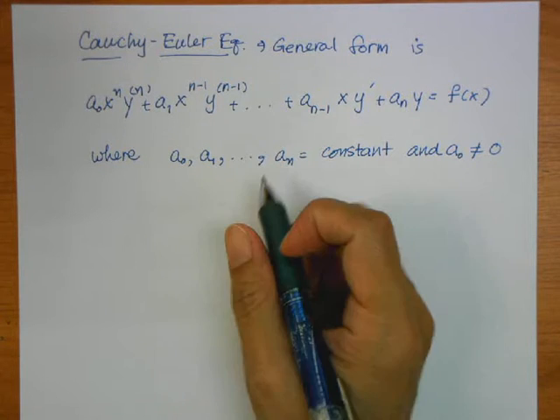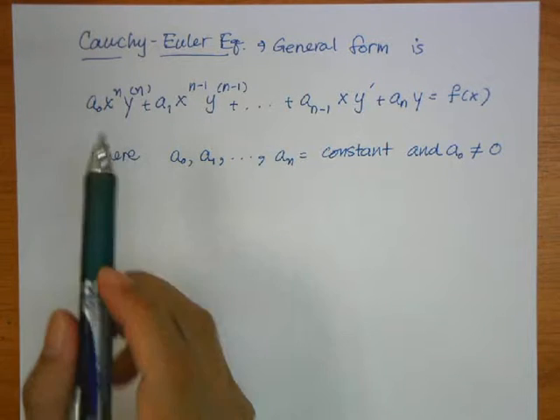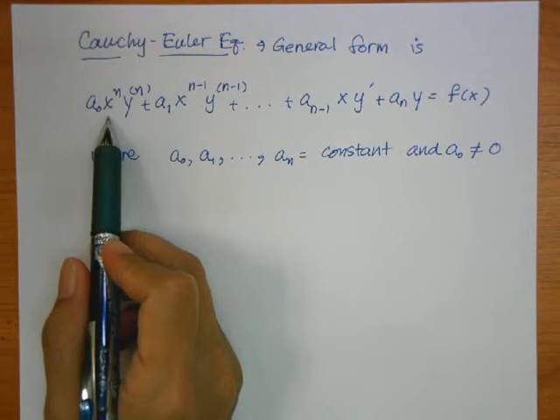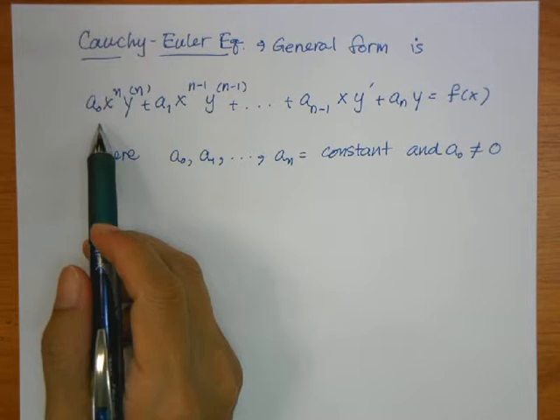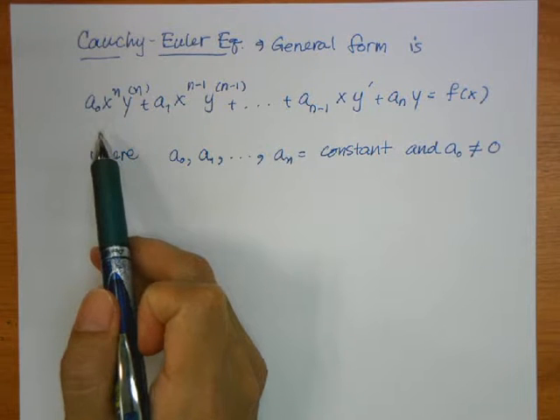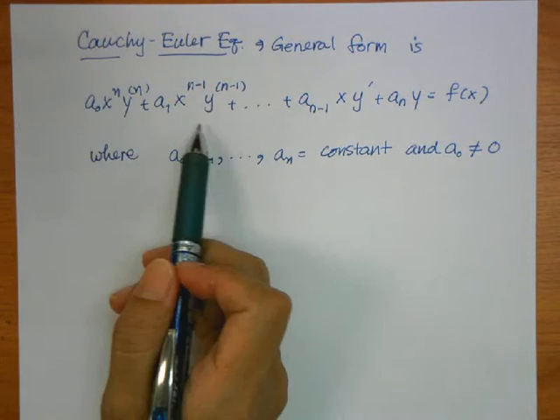If you take a look at this type of differential equation, you will see that the coefficients of each derivative term of y are variable coefficients. So you cannot use any previous technique to find the solution of this differential equation.